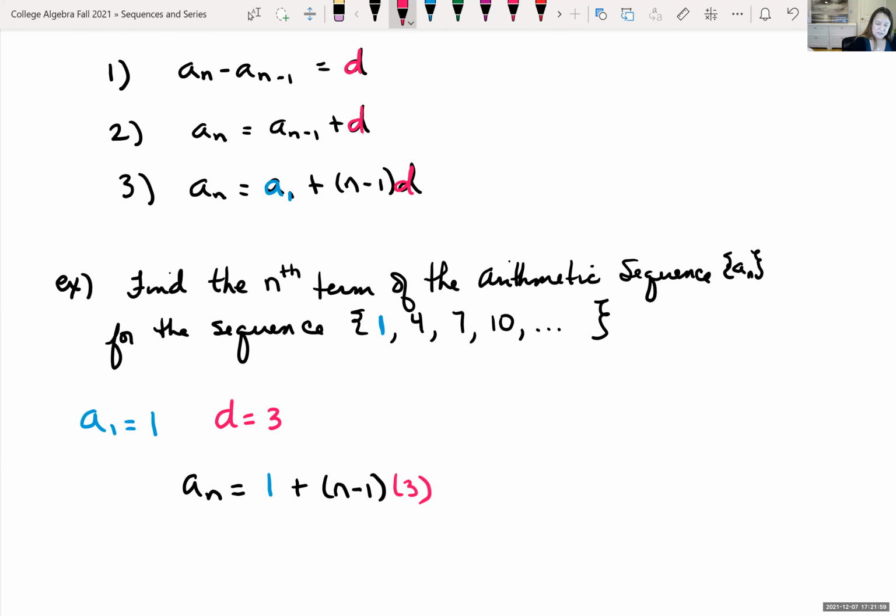We can leave it like this, or we can clean it up. And clean it up, we could distribute that 3 and combine like terms. So if we distribute that 3, we get 1 plus 3n minus 3 is equal to 3n minus 2.